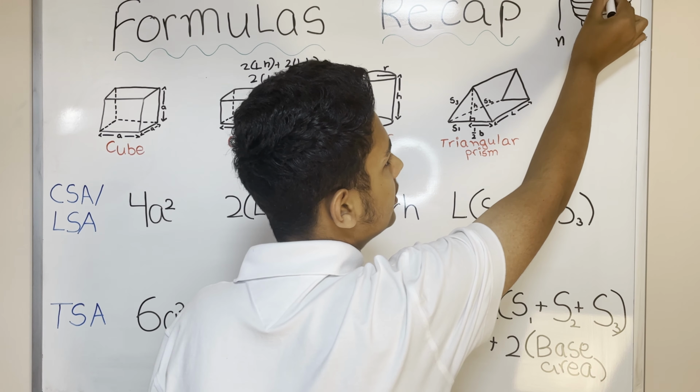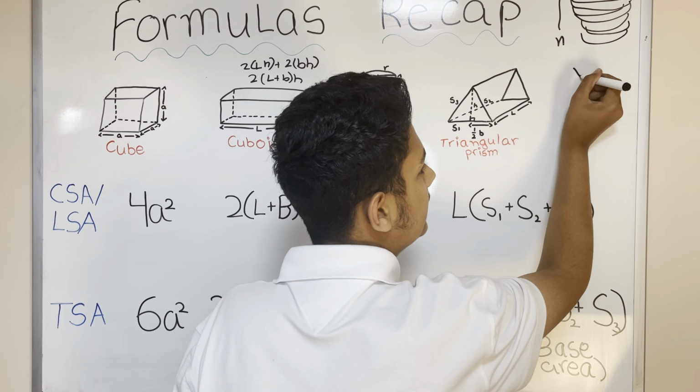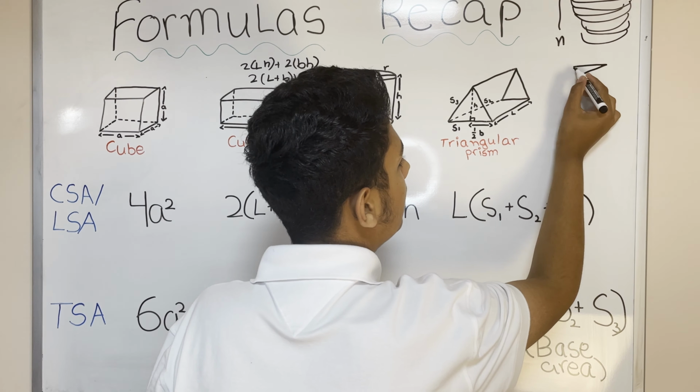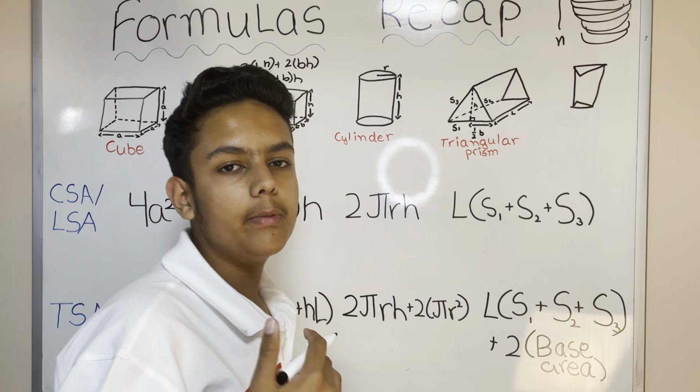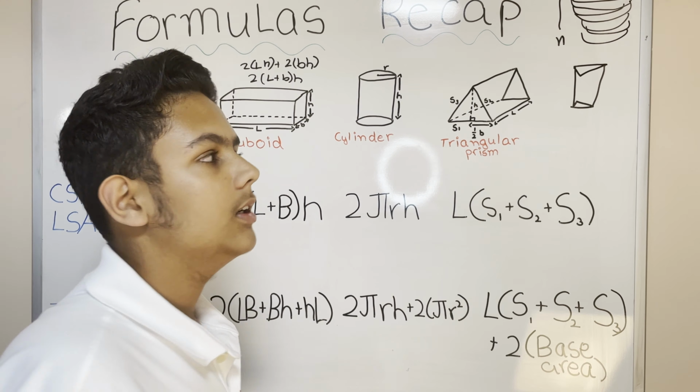Now it's almost same for triangular prism. The lateral surface area is all the sides, these rectangles here. So what we take it as, if we keep this triangular prism upside down, like standing with L as our height, what we see is a triangle at the bottom, and then our main height is whatever L is, the length of the triangular prism.